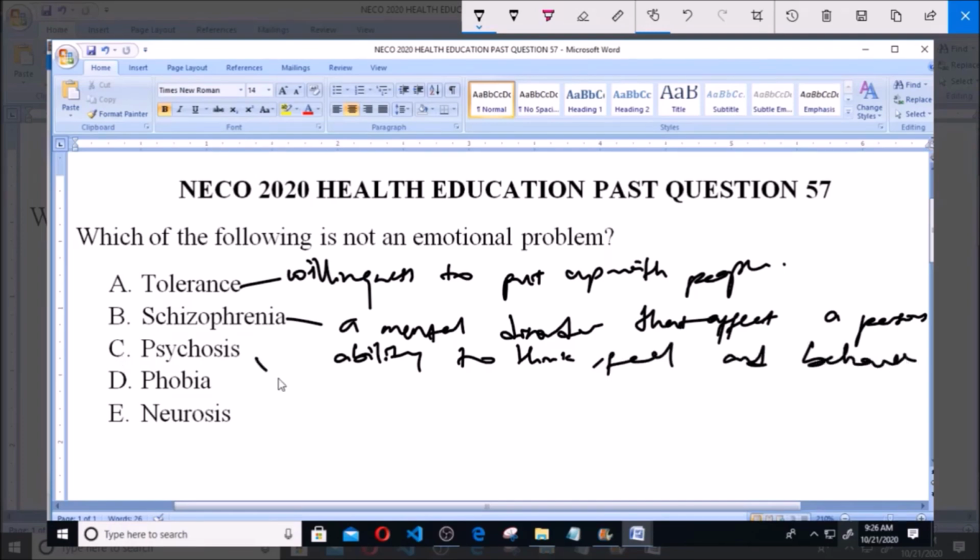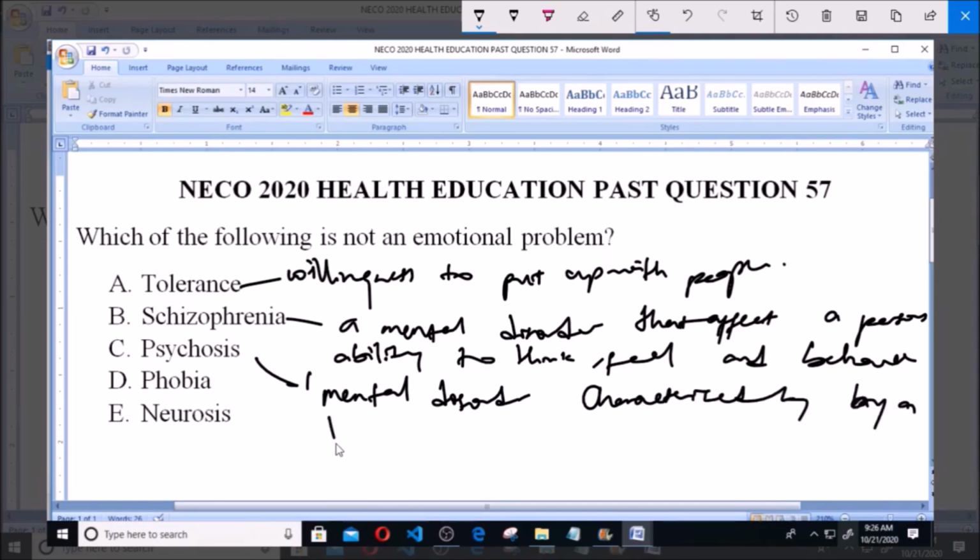Now option C says psychosis. Psychosis is also a mental disorder characterized by a disconnection from reality. Now option D says phobia.